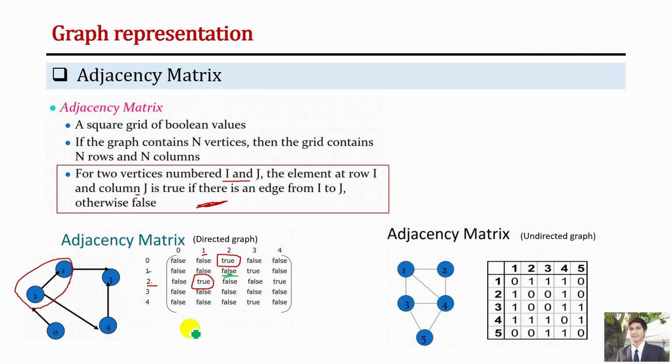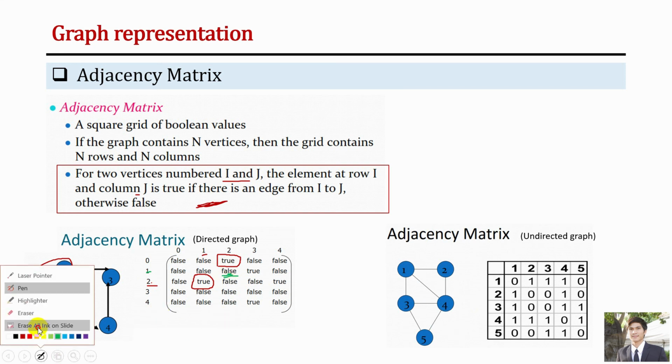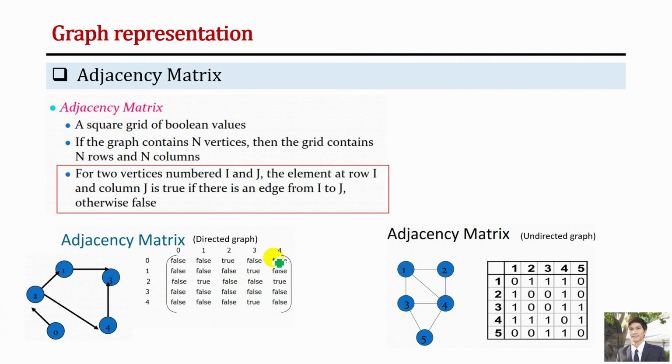However, if we focus our attention on the undirected graph, for the adjacency matrix representation, there are two ways around. I mean, from 1 to 2 and from 2 to 1, they are connected. For example, in this case, we have 5 nodes, so our table has 5 rows and 5 columns.